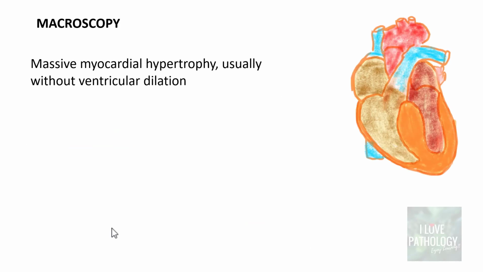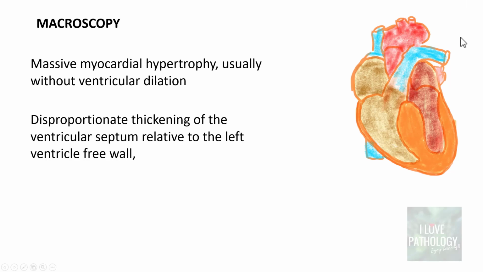Now, macroscopically, there will be massive myocardial hypertrophy, usually without ventricular dilatation. In my earlier session, we had discussed dilated cardiomyopathy, right? There will be dilatation of the chamber as well as hypertrophy, whereas in this case, there will be hypertrophy but no dilatation. Another important feature is that there will be disproportionate thickening of the ventricular septum, relative to the free ventricular wall, particularly the left ventricular free wall.